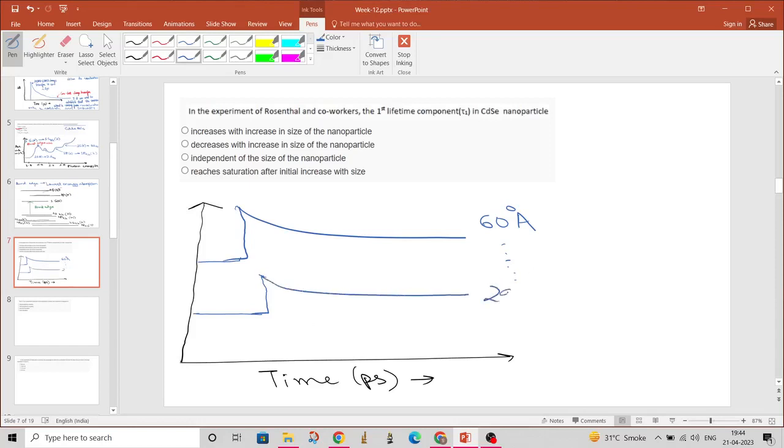Suppose this is for 29 angstrom, and if you decrease the size further, we'll see a decay like this. So the fast component keeps on increasing. The fast component is decreasing because the decay is faster.